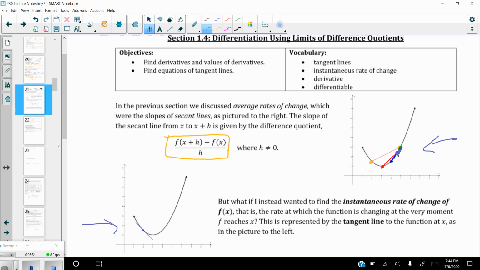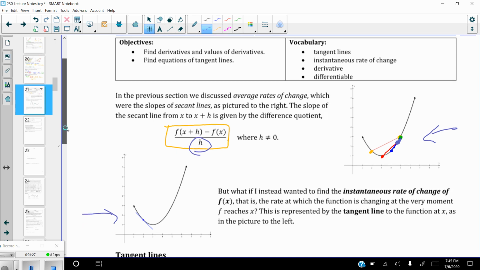We're taking the limit of the secant slopes as that difference between the 2 points gets really small, and that difference between the 2 points is h. That was the difference between the two x values. So if we let that h value approach 0 and take the limit of our secant slope, we are then going to find the tangent slope, which is in turn going to be the instantaneous rate of change.